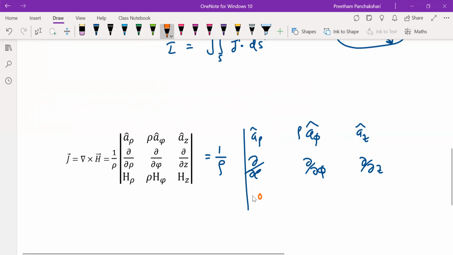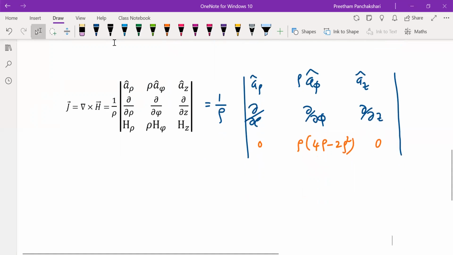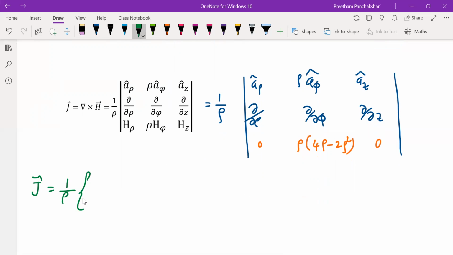The third row, the values are given in the problem. H rho is 0, rho into H phi, that is 4 rho minus 2 rho square, is given in the problem. Z component is also 0. Let us solve the determinant to find J. J now is equal to 1 by rho.